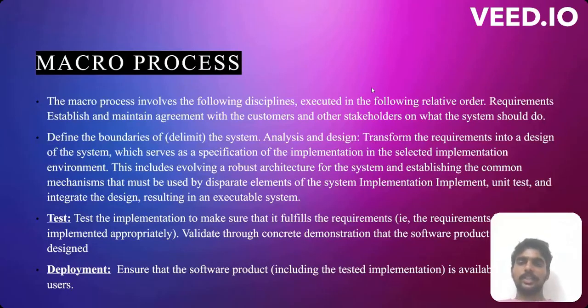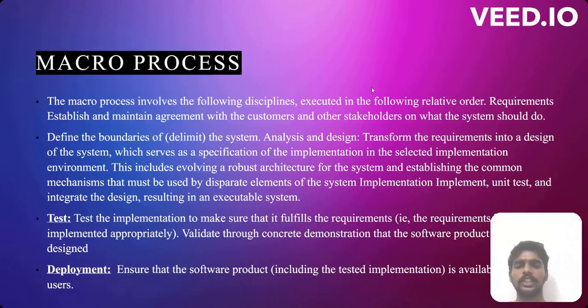Now we can discuss the macro process briefly. The macro process involves the disciplined execution of the following relevant disciplines in order. Requirements: establishing and maintaining agreement with the customers and other stakeholders on what the system should do, and defining the boundaries of the system. Analysis and design: transforming the requirements into a design of the system, which serves as a specification for implementation in the selected implementation environment.